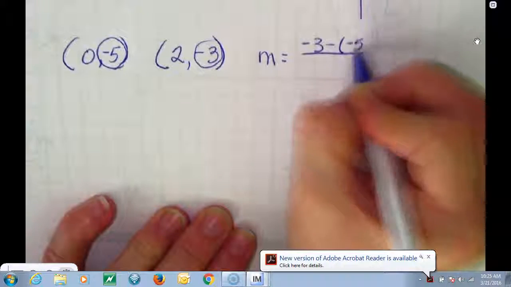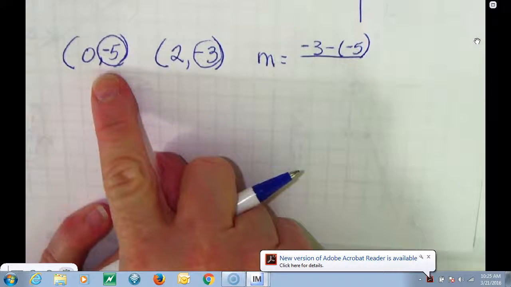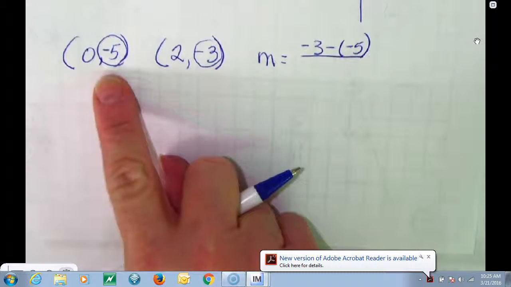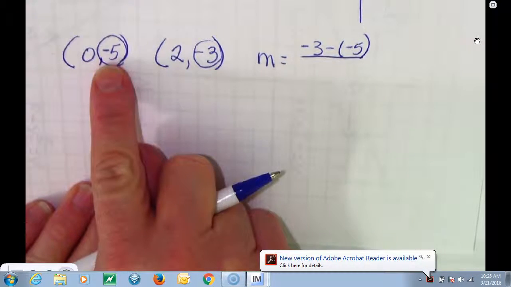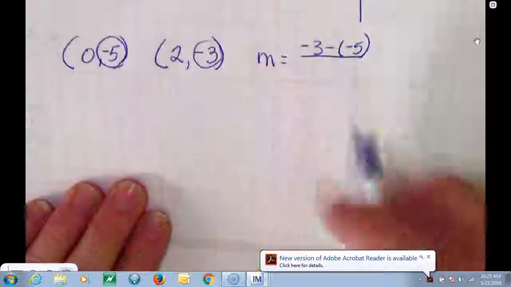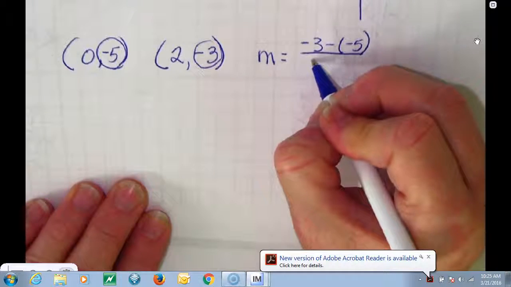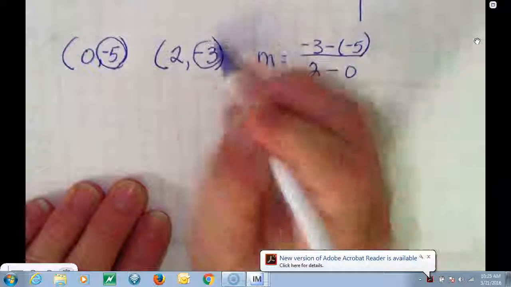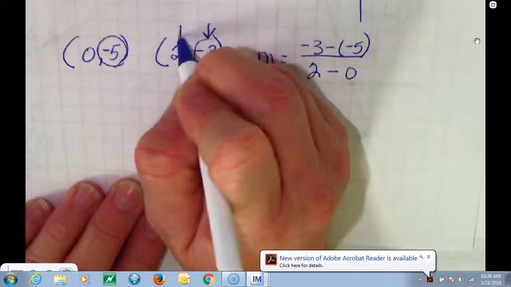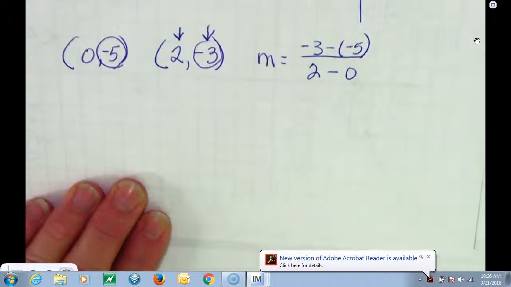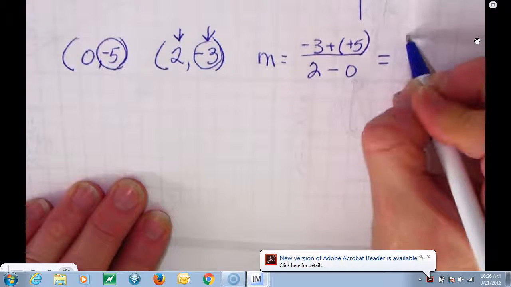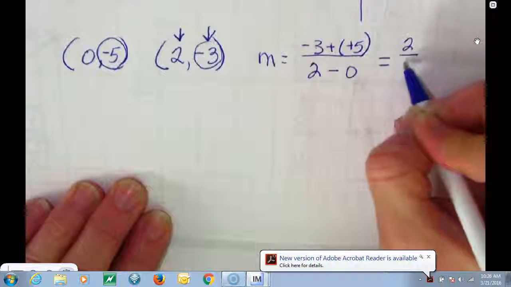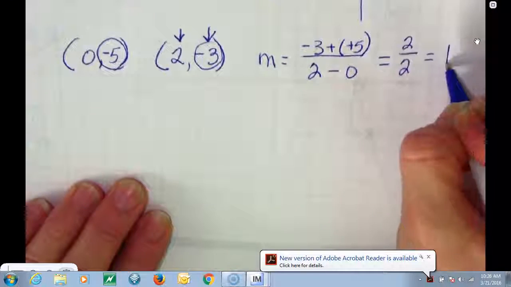We got to set it up first. You see how they got that? Negative 3 minus a negative 5. They started with negative 3. So what have I got to start with on the bottom? No, 2. If I start with negative 3, then on top, I got to start with 2 on bottom. And so now I'm going to keep change, and get 2 over 2, which is 1.